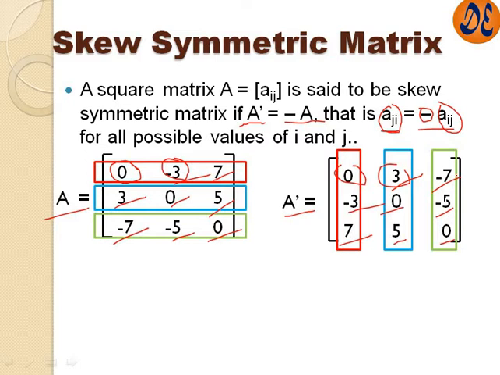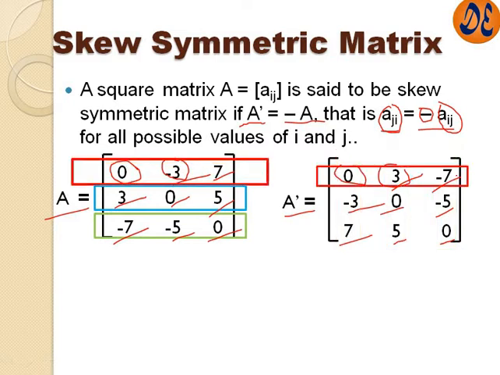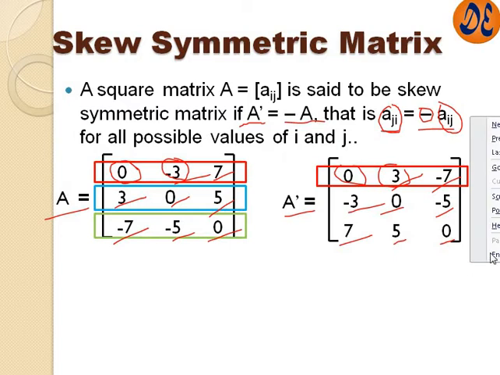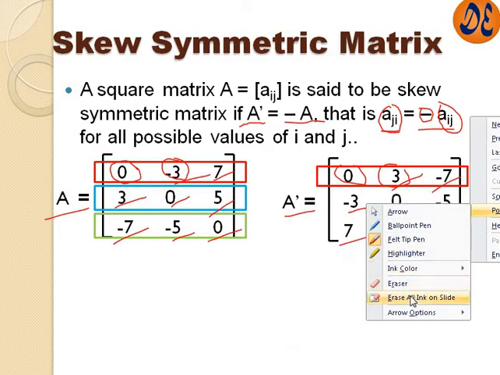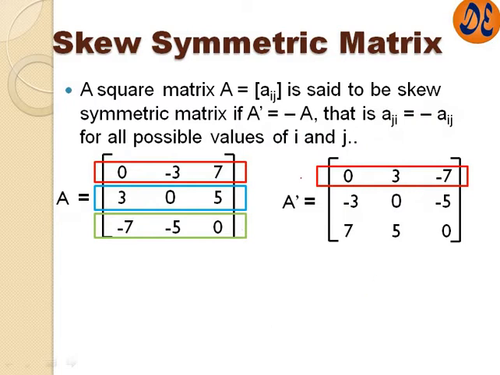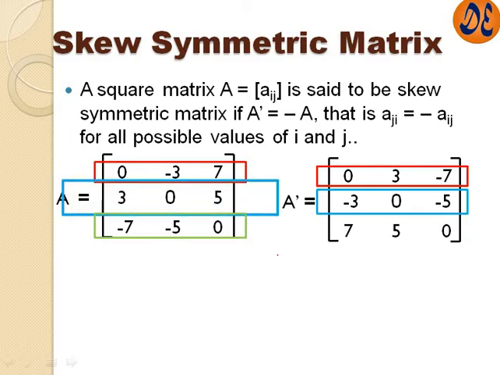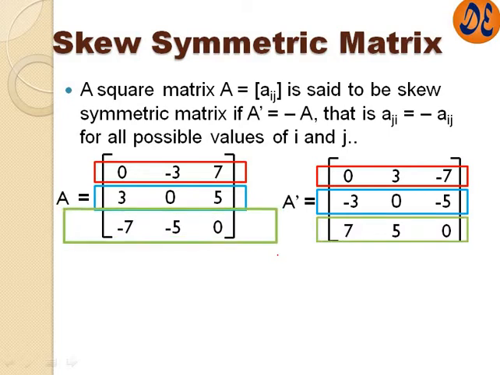Now let us see the observations. You can see here that the signs are changed, but the value is the same. After transpose, the value is the same, the sign is changed for each and every element.